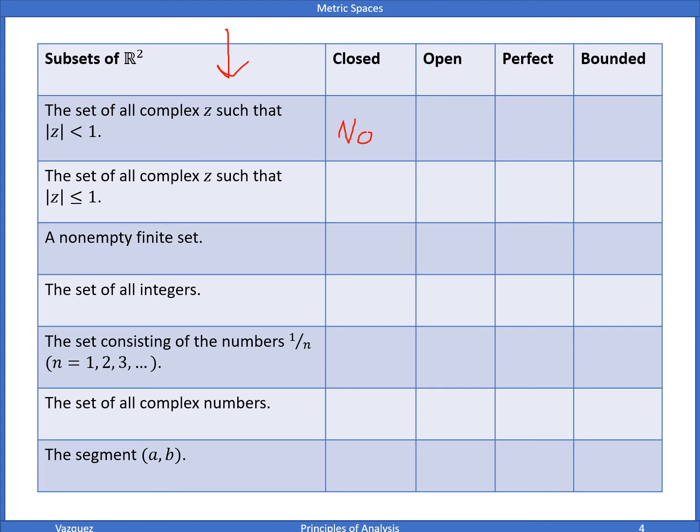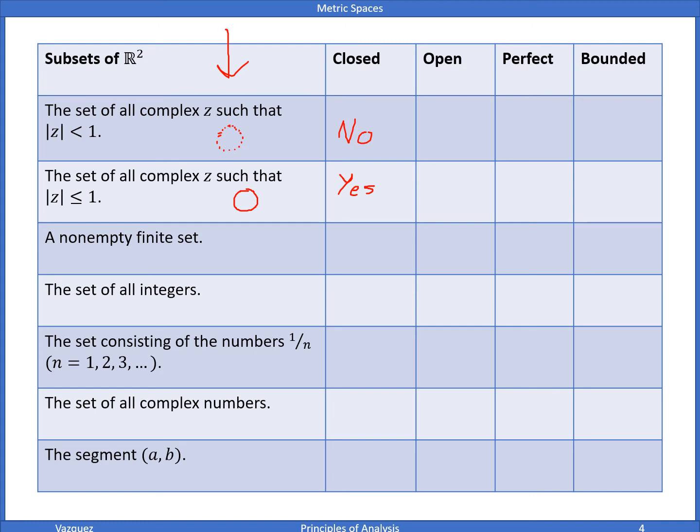What about this next one? Is that one closed? This one is closed. This one's a solid circle. The previous one was not a solid one, right? A dotted one. We're not including the boundary.